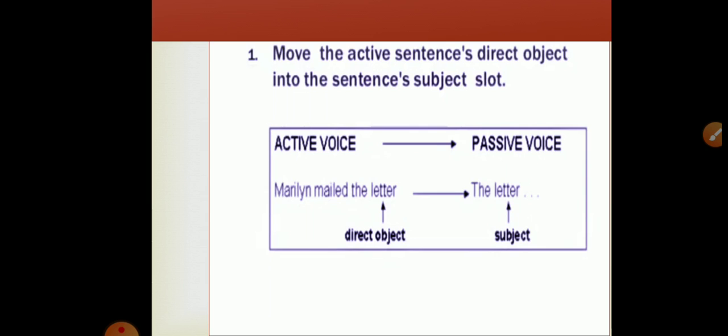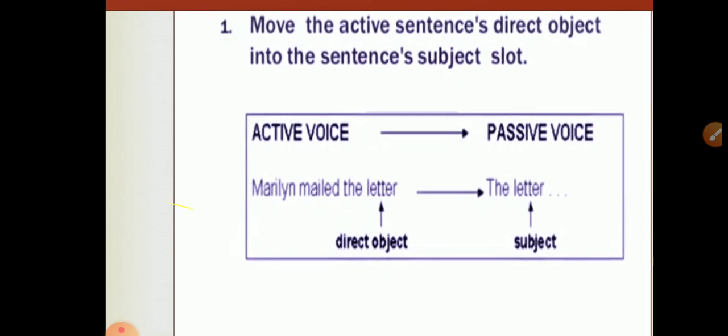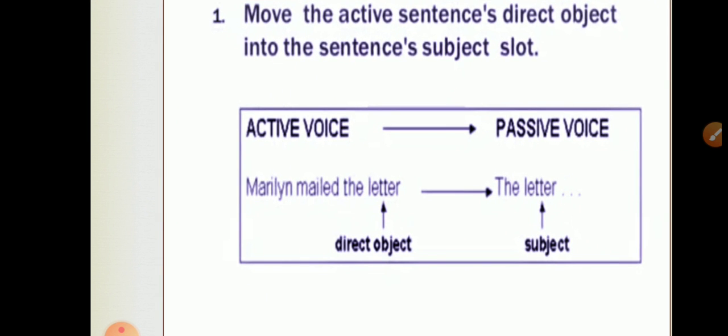Here I have given one more example: Marilyn mailed the letter. The direct object is letter. Now we have to write that object into the subject slot, so we start with the letter. When we convert the sentence from active to passive, we have to start with the direct object. This is the first rule.